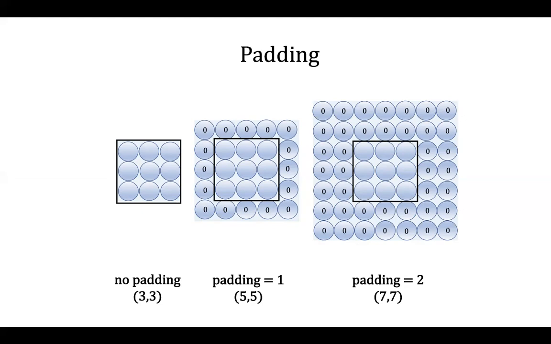So to prevent this reduction in size, we use padding, and padding means basically that you add dummy values or zeros on the border of your input. For example, in this case, we have no padding, so the size is a 3 by 3 matrix. If we add one layer of padding, then we'll have a matrix of size 5 by 5. And if we add 2 layers of padding, then we'll have an even larger matrix of size 7 by 7.